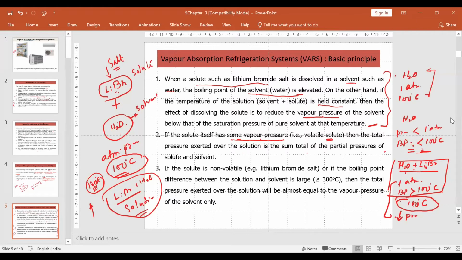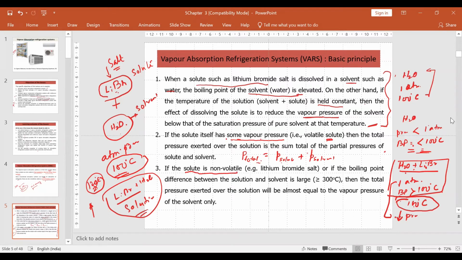So in this case, the total pressure exerted by the solution will be the partial pressure of the solute plus the partial pressure of the solvent. This is the total pressure if the solute is volatile.